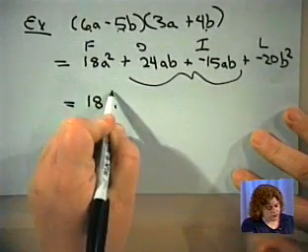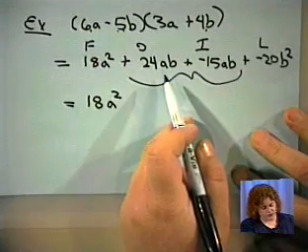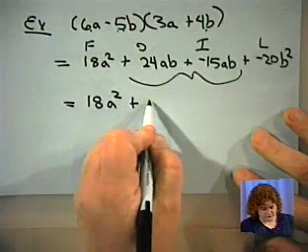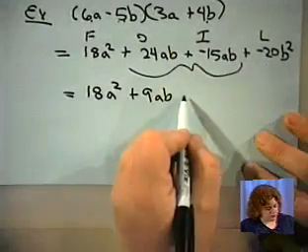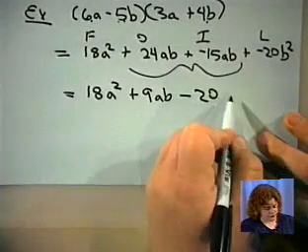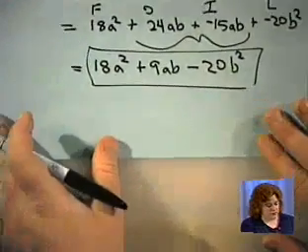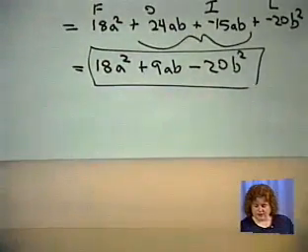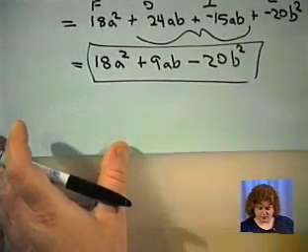We'll have an 18a squared. 24 minus 15, better be a 9, ab, and then our minus 20b squared on the end. Much faster than the long, full-blown distributive property.